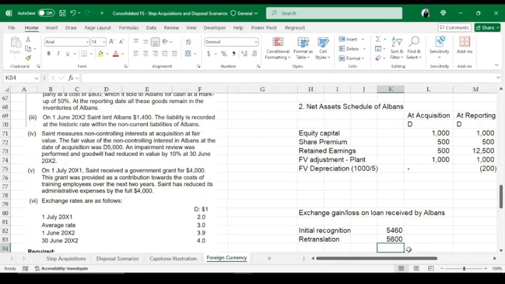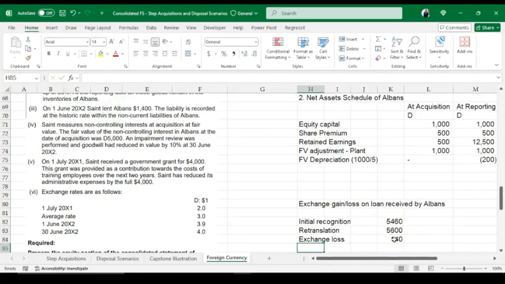So this is giving us an exchange loss. This means that at the end of the period, our banks is going to pay more than the initial recognition. So there's an exchange loss of how much? 5,600 minus 5,460, and that will give me 140. All right.